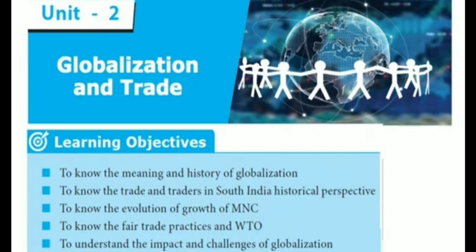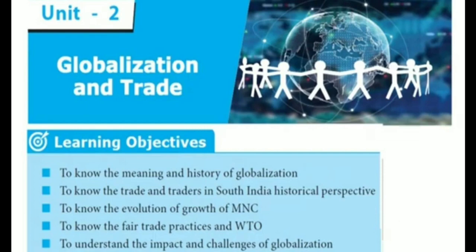Barriers means what? Any difficulties in the free flow of goods and services, technology, capital, and even labor or human capital. So, actually we can say it is the connection of different parts of the world.